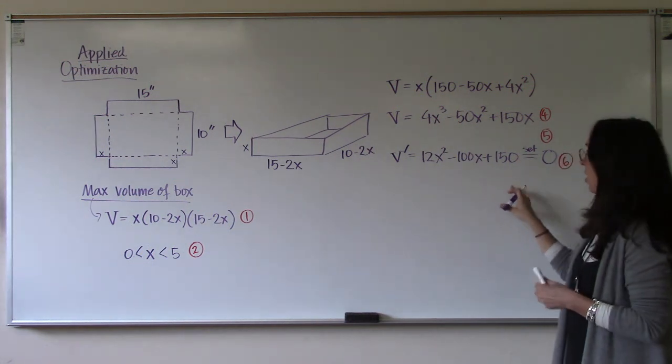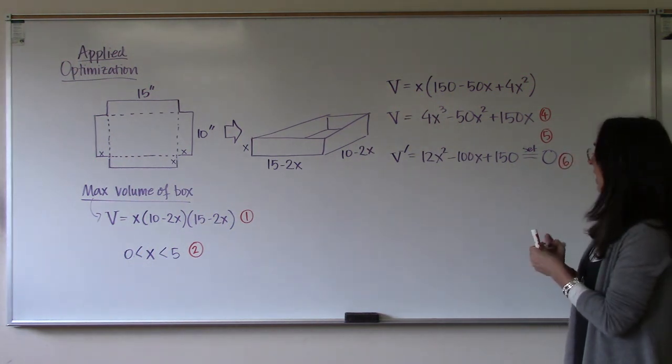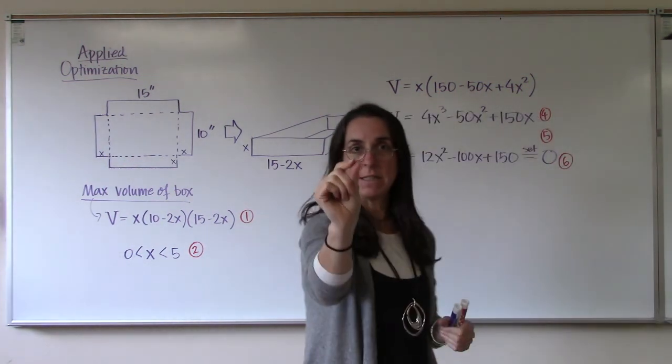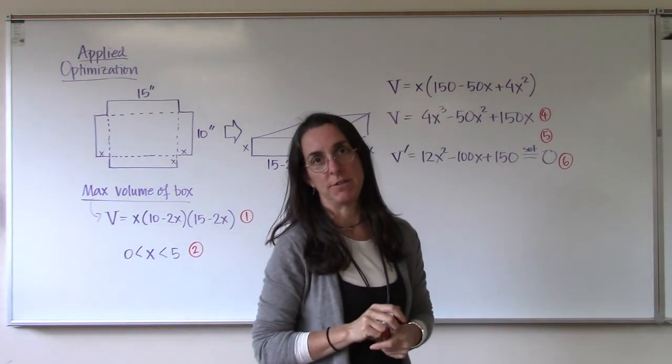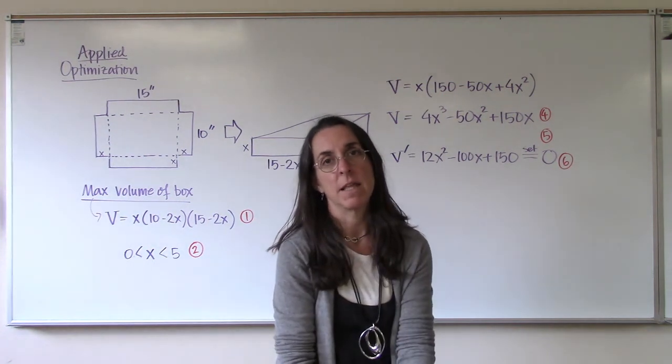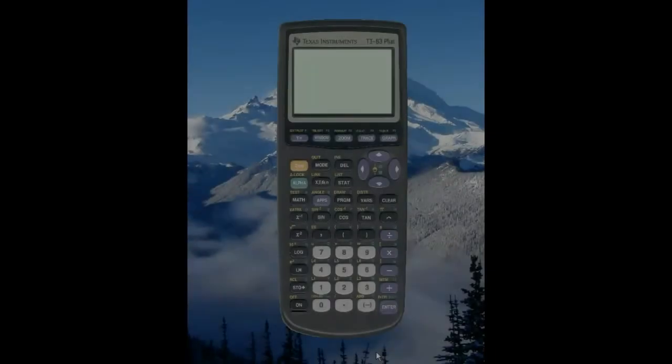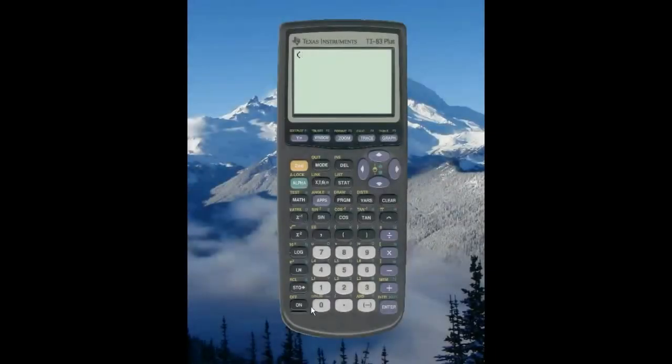Now, we need to solve this, and I can tell you that the chances that it will factor are very small. So let's use the calculator to find the solutions to this quadratic. Okay, so we need positive 100. We'll do plus first.